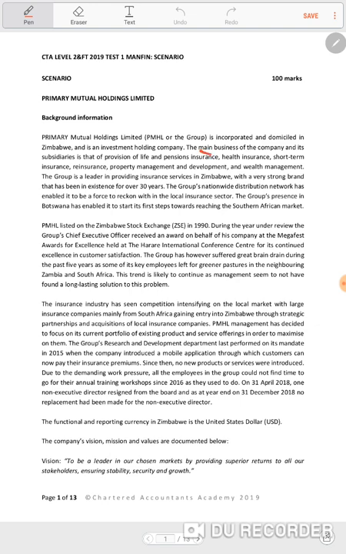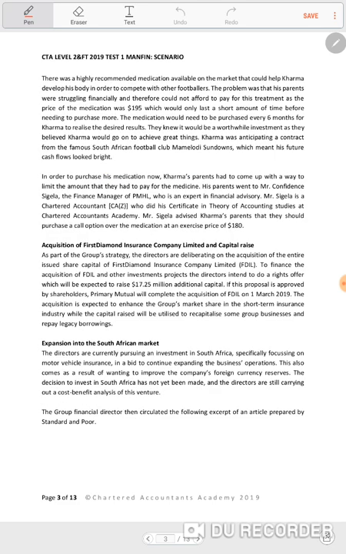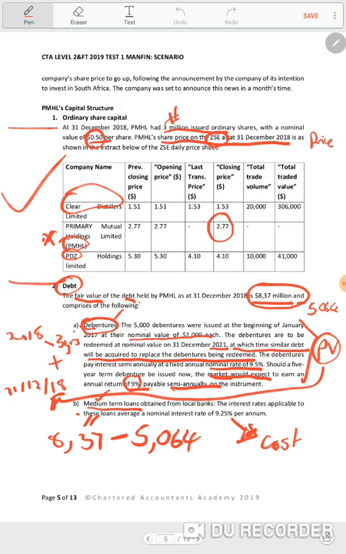The main business of the company and its subsidiary is the provision of life pension insurance, health insurance, short-term insurance, reinsurance. Can you tell that this is mostly insurance? And then we have property management and development and wealth management. Okay, so what do our proxy companies do? Let's find out.